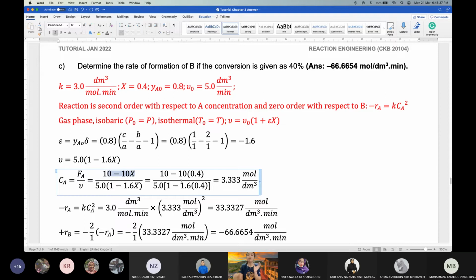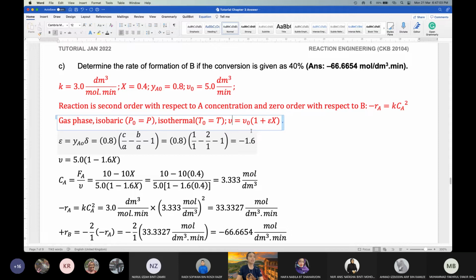The part that is different is the volumetric flow rate, because I told you the inlet and outlet volumetric flow rates for gas are no longer the same. They are given in terms of an equation. Remember I taught you that longest equation. That equation says that for a gas phase flow reactor, again, gas phase flow reactor, the outlet volumetric flow rate equals the inlet volumetric flow rate.